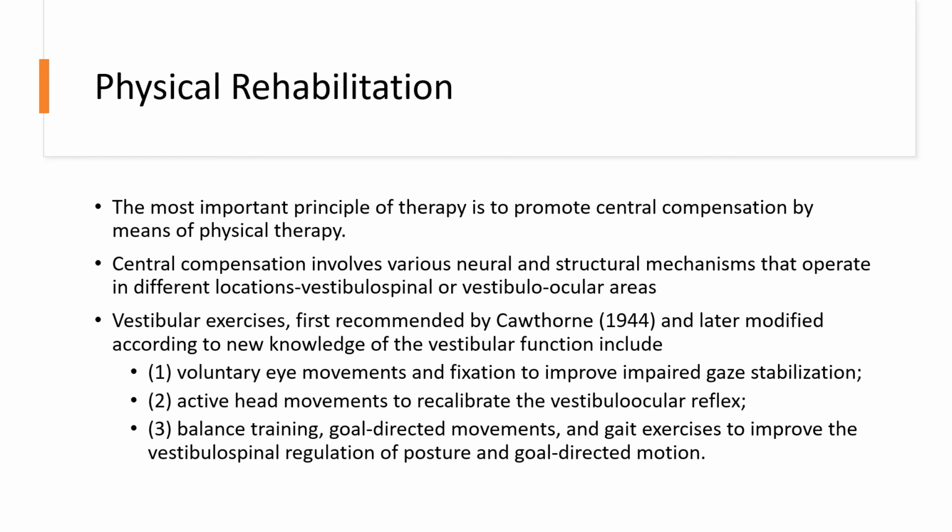This exercise was first recommended by Cawthorne in 1944 and later modified according to new knowledge of vestibular function. In general, they include gaze stabilization exercise to recalibrate the vestibulo-ocular reflex, balance training, gait exercise to improve the vestibulospinal regulation of posture, and goal-directed movements.